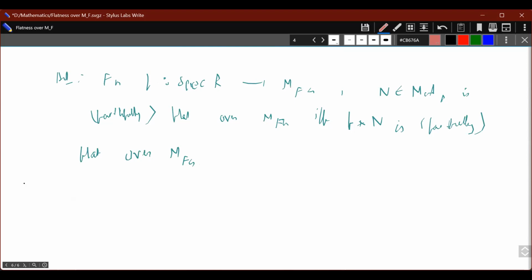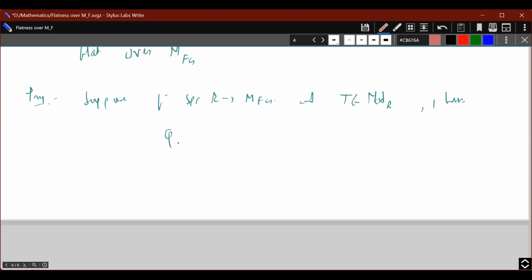Okay, so now comes our next proposition. Suppose we have a map and P is an R module. Then we have a functor which we claim is exact.